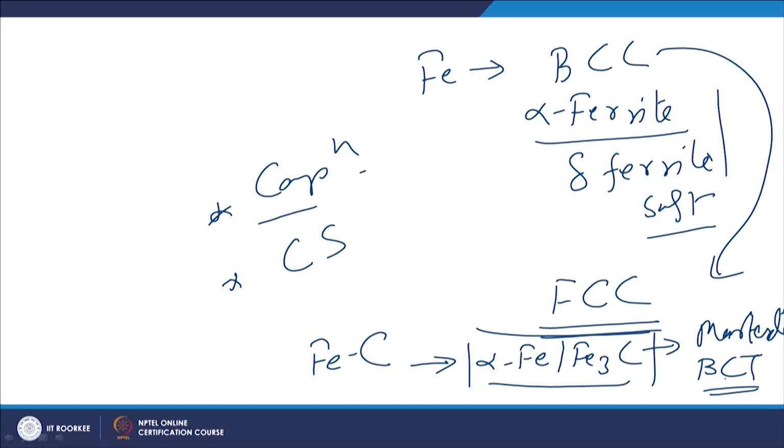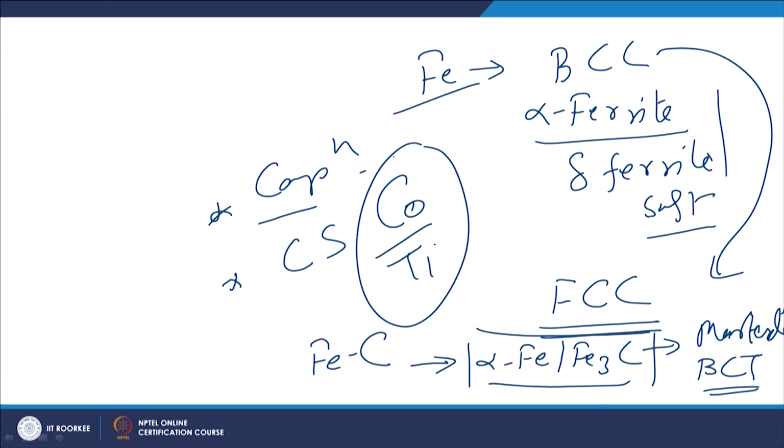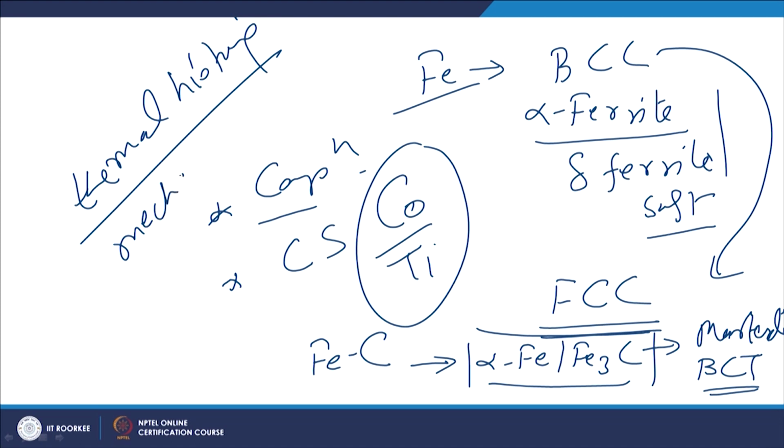So, likewise like the iron, the cobalt and the titanium alloys also show such kind of the transformation behavior, where either change in the thermal history of the material or the mechanical history of the material during the processing.